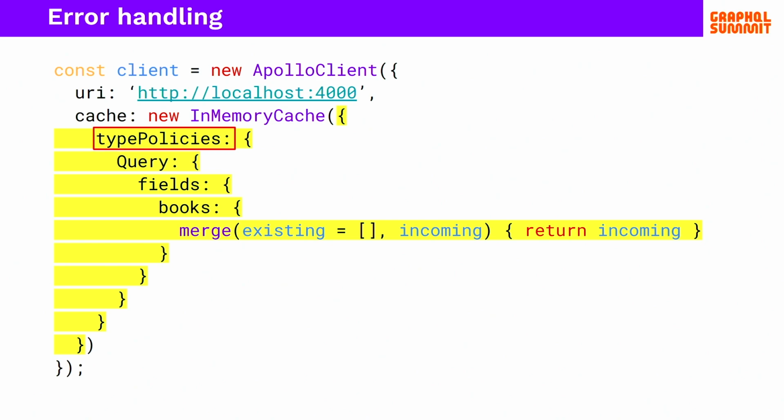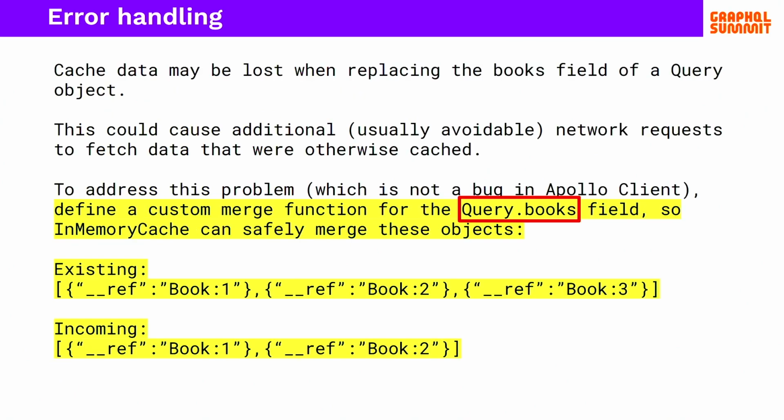So first, we're saying that we want to create a custom type policy. And then we're saying that it's going to be on the Query type, or the query operations. And we know to do this because if we go back over to our error message, it specifically says that we need to define a custom merge function for the Query.books field.